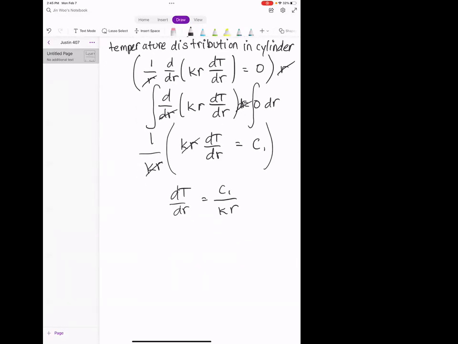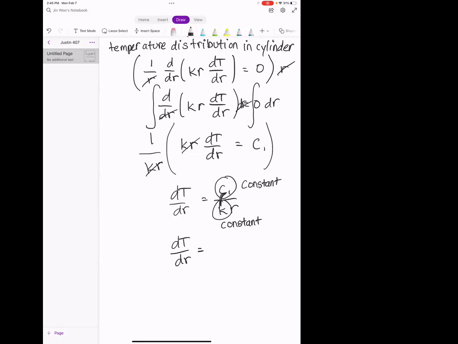I'm going to do a little trick right here just to simplify our math. We know that C1 here is a constant, and we also have k here. k is also a constant, the thermal conductivity of the material. I'm just going to lump these two together, because we haven't specified a value for C1 yet, and it makes our life easier so we don't have to worry about two things floating around.